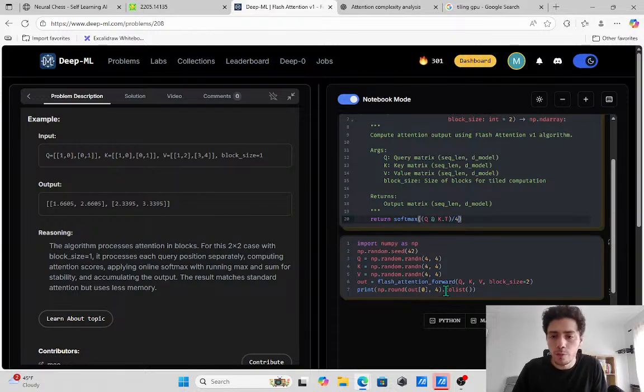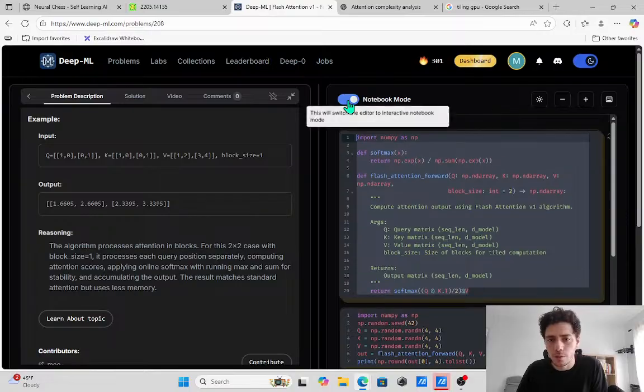In our case the dimension is 4, so the square root is 2. Then it's the softmax of that, dotted with V. I'm pretty sure this is just regular softmax if I'm not mistaken.